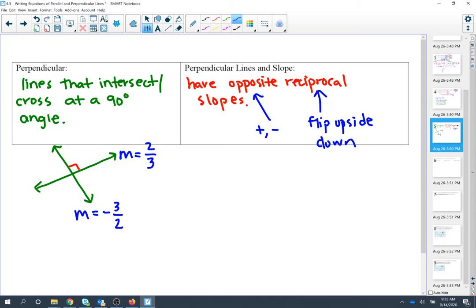So 2/3 is kind of a smaller fraction, so he's not increasing so fast. But if we flip it and make it 3/2, this is now like 1.5, so this guy's a little bit steeper. But this guy is increasing from the left to the right, versus this guy is decreasing, therefore negative. So perpendicular lines have opposite reciprocal slopes.